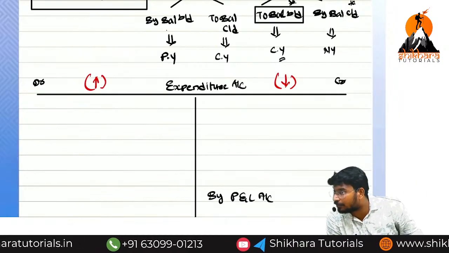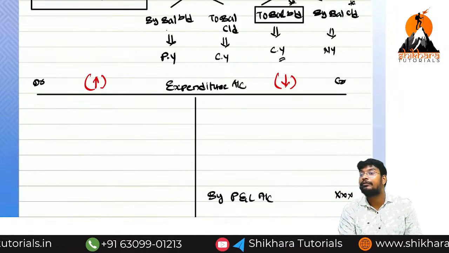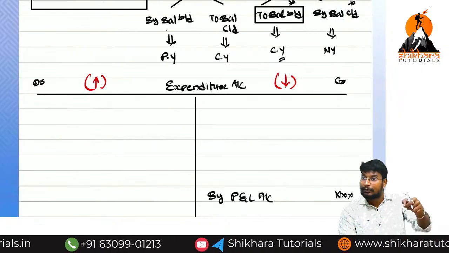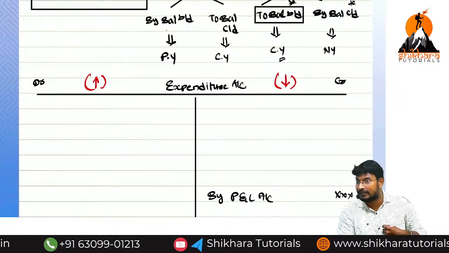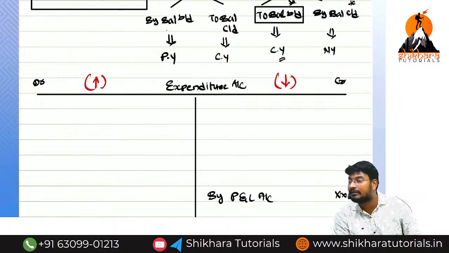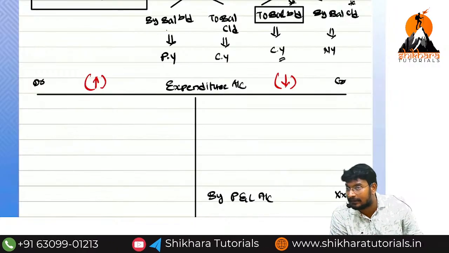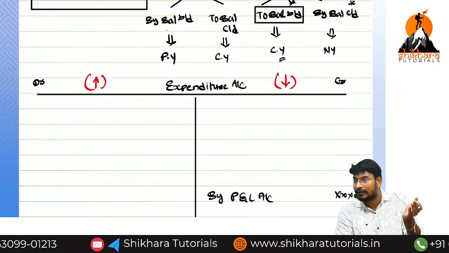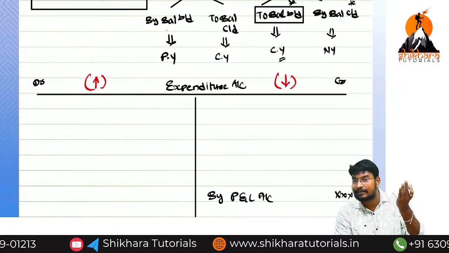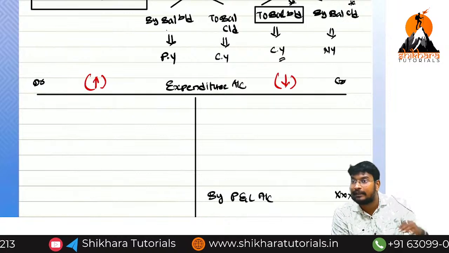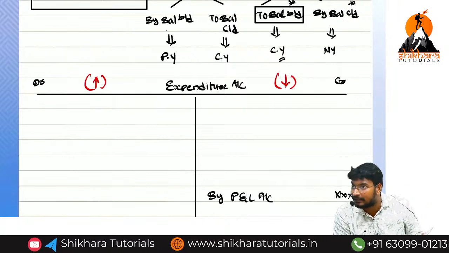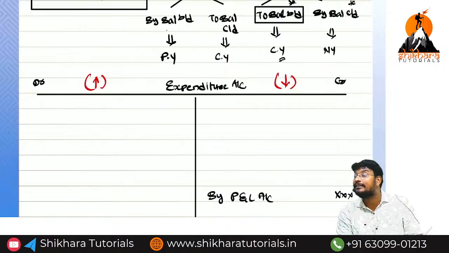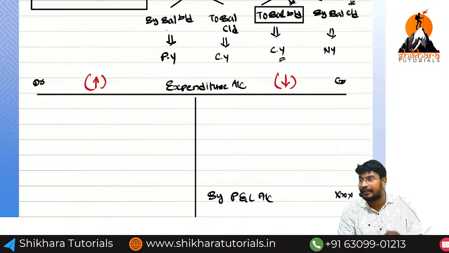Accrual basis means related to the current year, we will consider; not related to the current year, we are not going to consider. Consider means increasing the expenses. Not consider means decreasing the expenses.